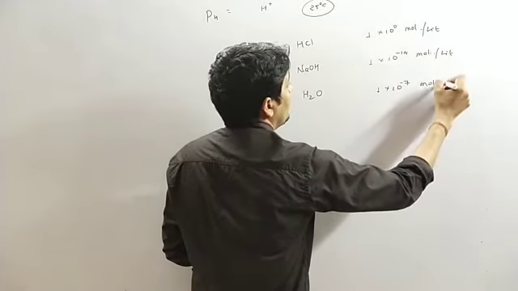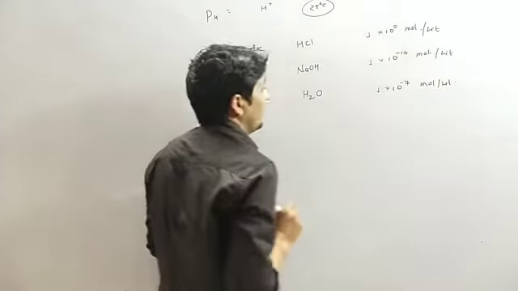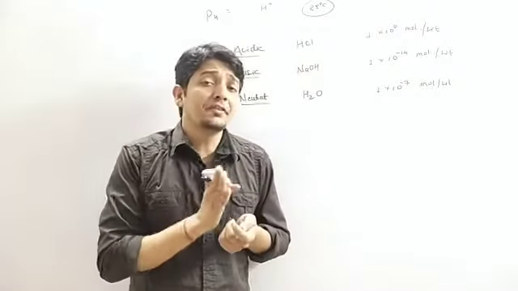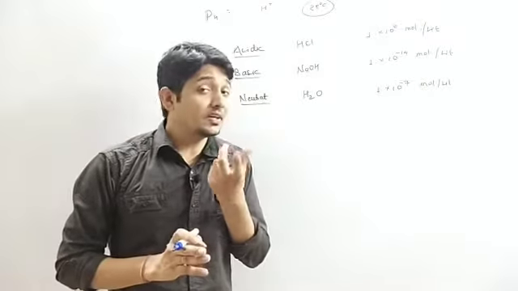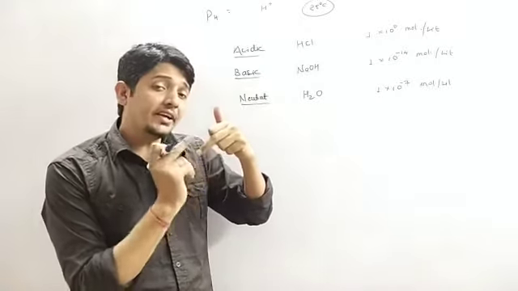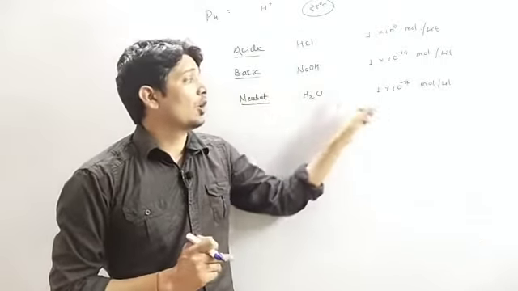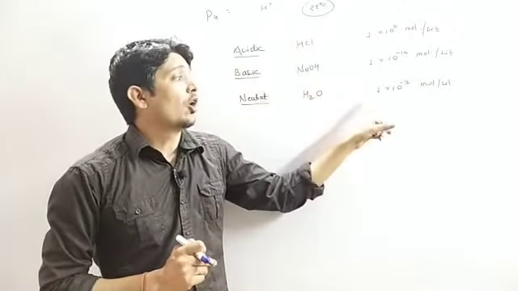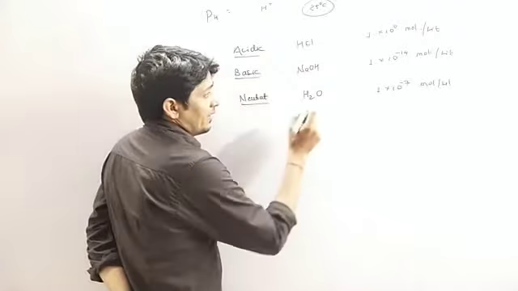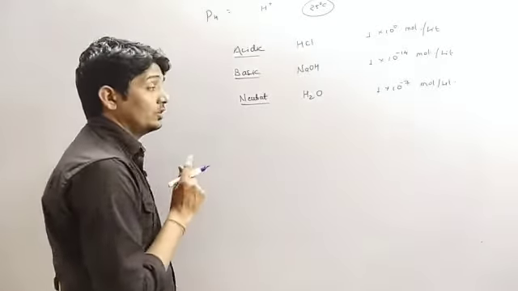If we look around us, there are different types of substances, but they are acidic, basic or neutral, so they contain different amounts of H positive ion. First we have to draw the pH scale.